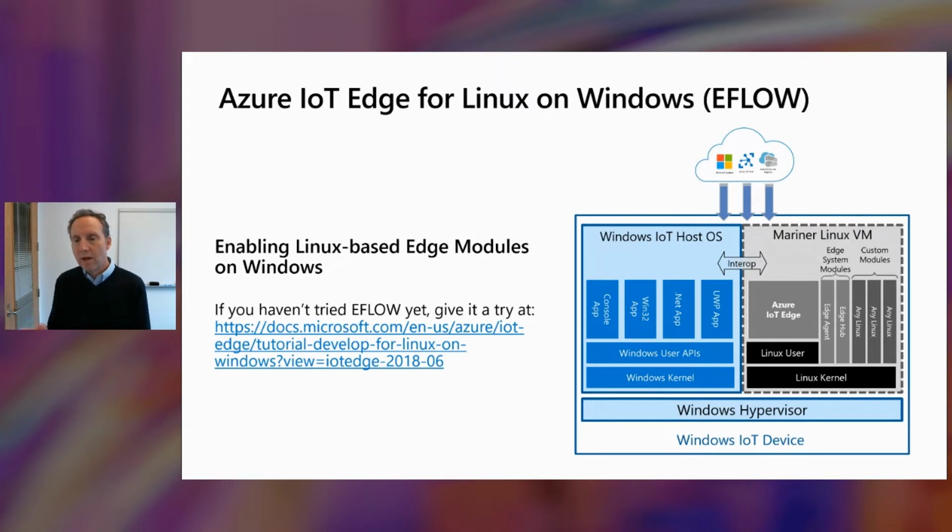The right side shows what we call the Mariner Linux VM. Mariner is a name for a Microsoft Linux offering that we're using here as a VM running on Windows. And this is a lightweight VM designed for production devices, production deployments. And the VM has in it Azure IoT Edge.